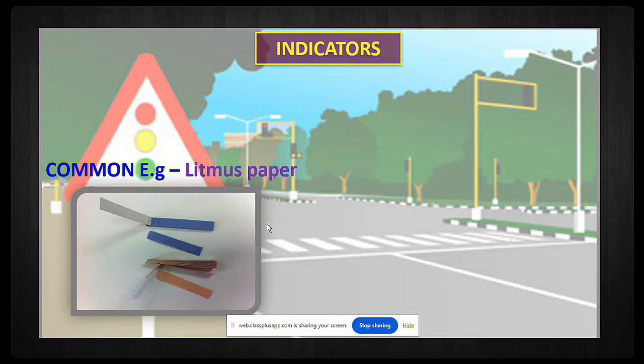If you immerse blue litmus paper in an acid solution, it turns red, whereas red litmus paper remains red, which you have studied in your 6th and 7th grade as well. If you immerse red litmus paper in a base solution, it turns blue, whereas blue remains blue. But in neutral, that is pure water, red remains red and blue remains blue.